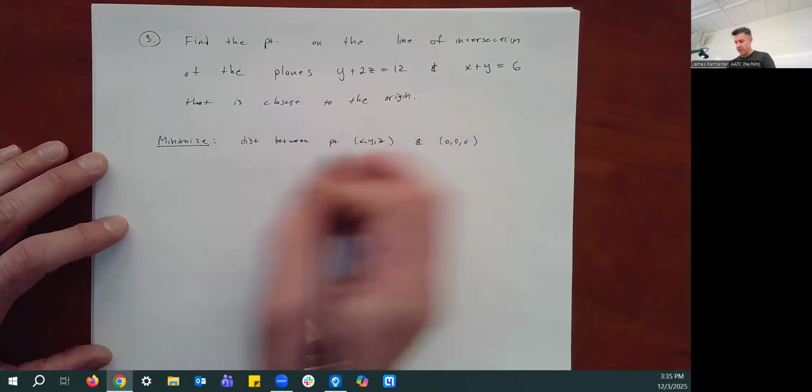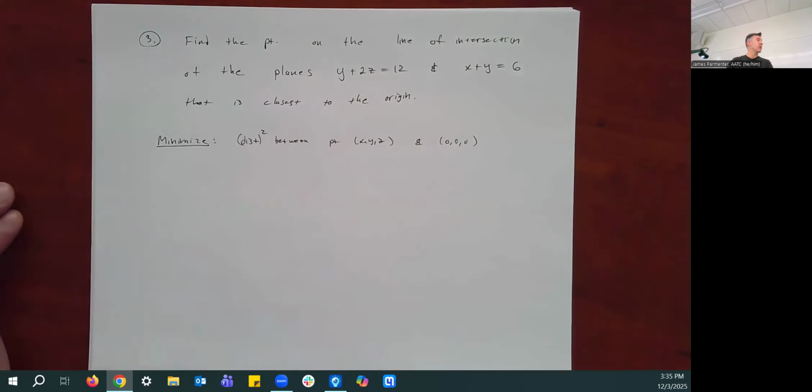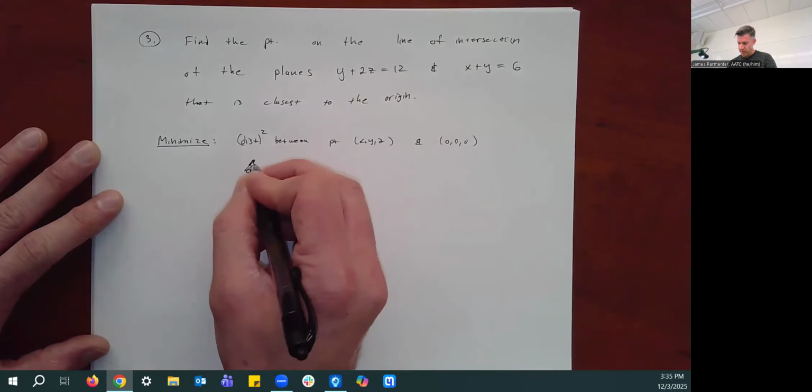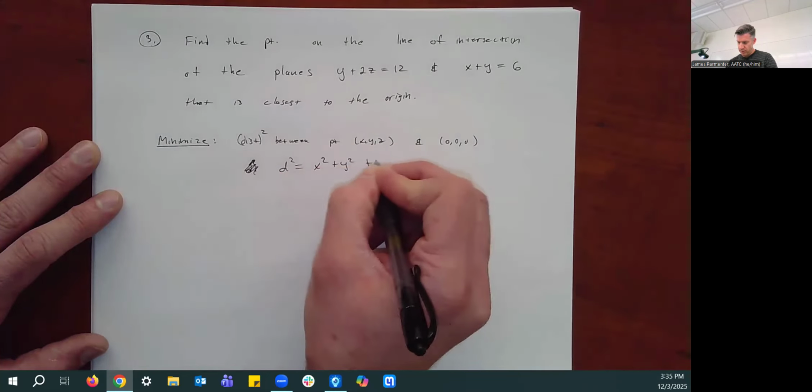But again, not really the distance, minimize the distance squared because we're smart. We know that's the easier way to do it. So the distance squared is just going to be, again, x squared plus y squared plus z squared.